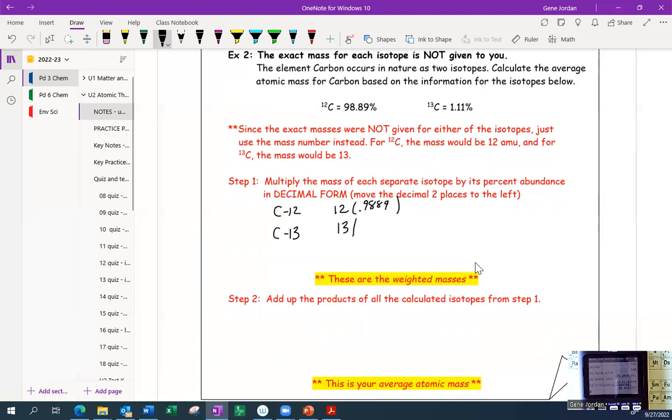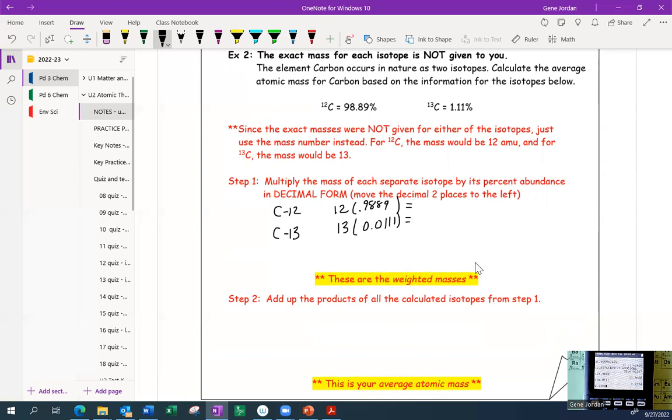Then we have carbon-13 multiplied by its percent. But remember to move over its decimal once. And that's all there is to that. 0.989 for carbon-12, and 13 times 0.011.